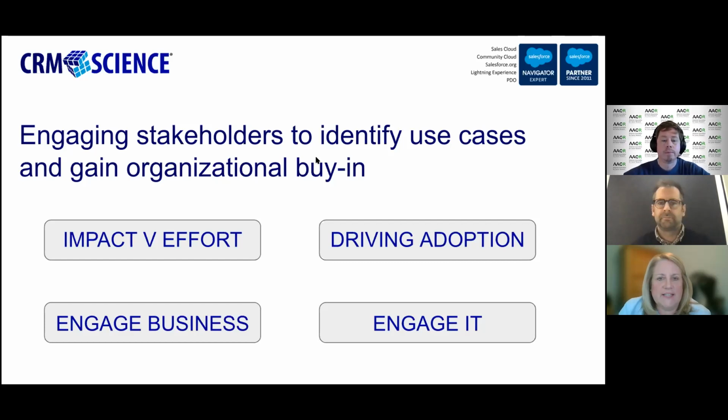Another thing is continuous improvement. Some of you might have a center of excellence for Salesforce, having a really great process so that users have a way to get their ideas to a centralized place.